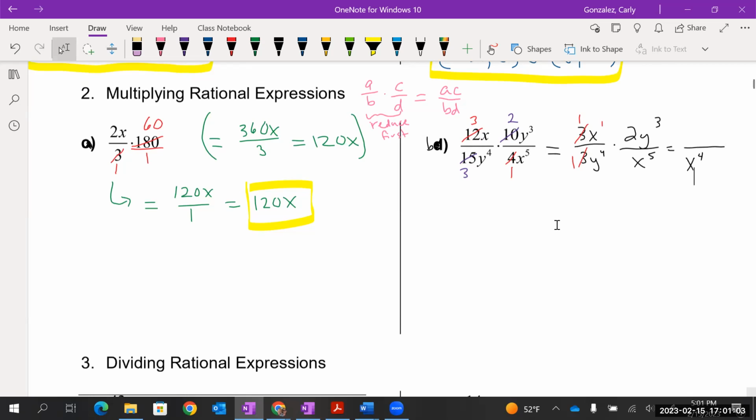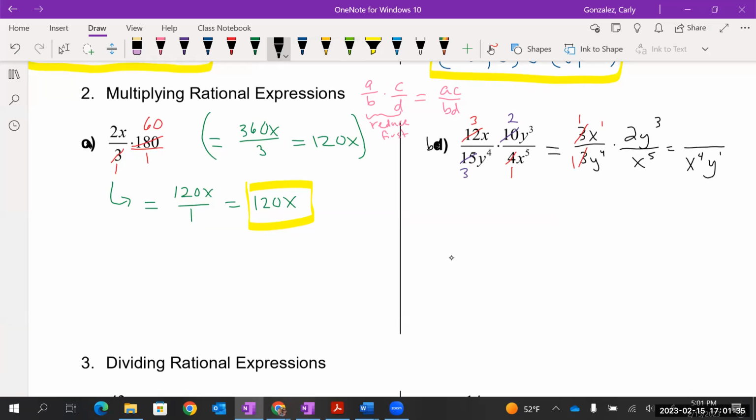In addition, we have y to the fourth in the denominator and y to the third power in the numerator. So 3 of those y's will cancel out and we'll be left with 1 y. Again, there are more y's in the denominator, so we will be left with y to the first power in the denominator.